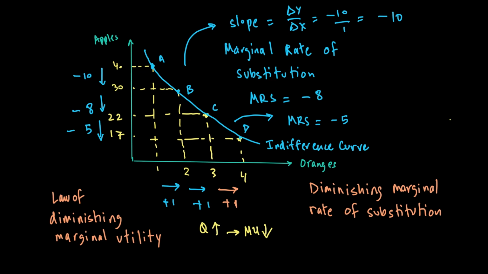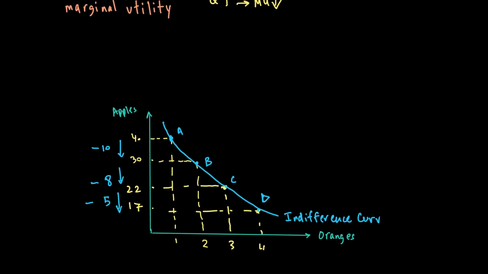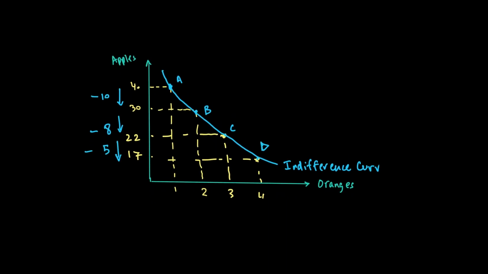Another way to look at marginal rate of substitution is this idea that when I am looking at this point A and I go from point A to B, I get one additional orange by losing 10 apples. In other words, I can say that the utility that I sacrifice by giving up 10 apples is equal to the utility I get from getting one orange.